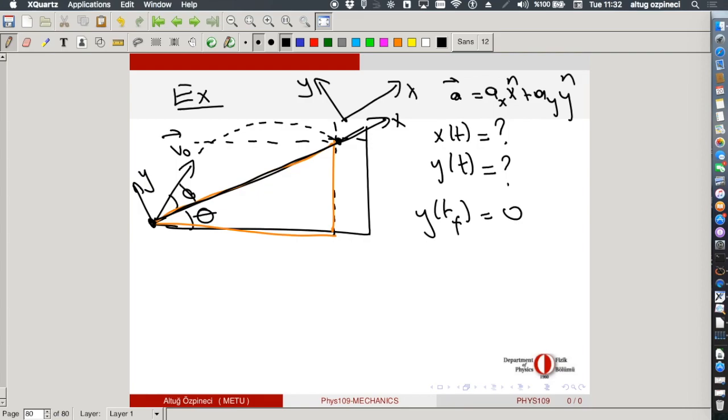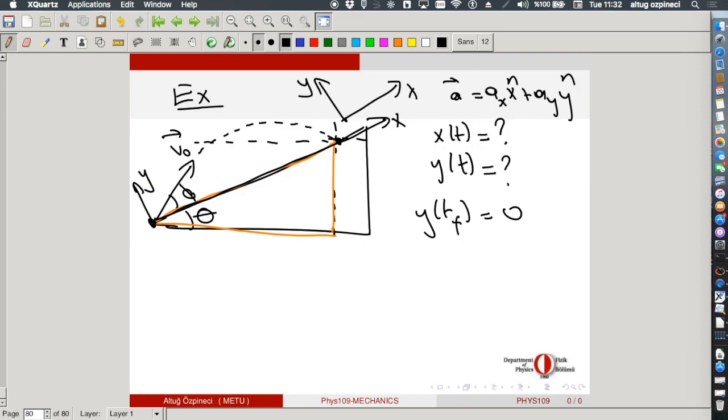Yes. Now the y component will change. As the object is moving, the y component increases and then it decreases. Now when it hits the plane, the y component is again 0.